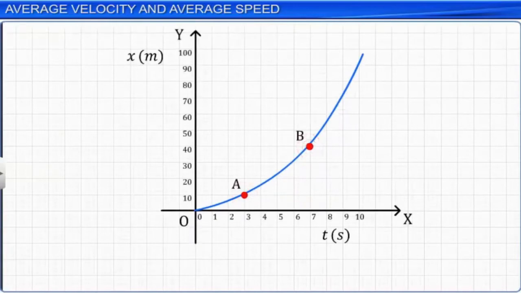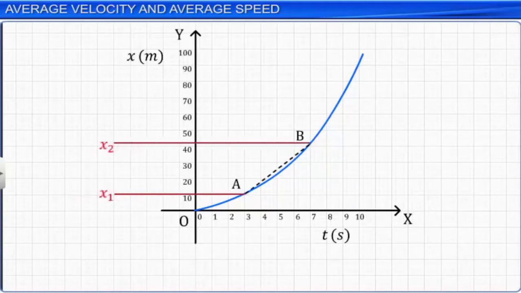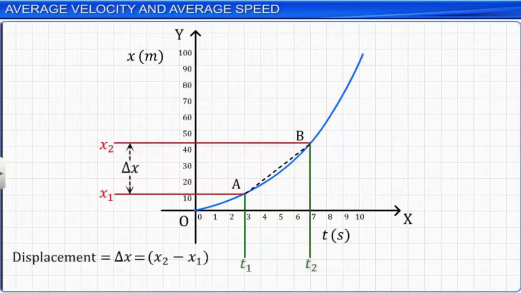Let us study the motion of the body from point A to point B in detail. x1 and x2 are the positions of the body at time t1 and t2 respectively. The displacement delta x is the difference between x2 and x1. The time interval delta t is the difference between t2 and t1.